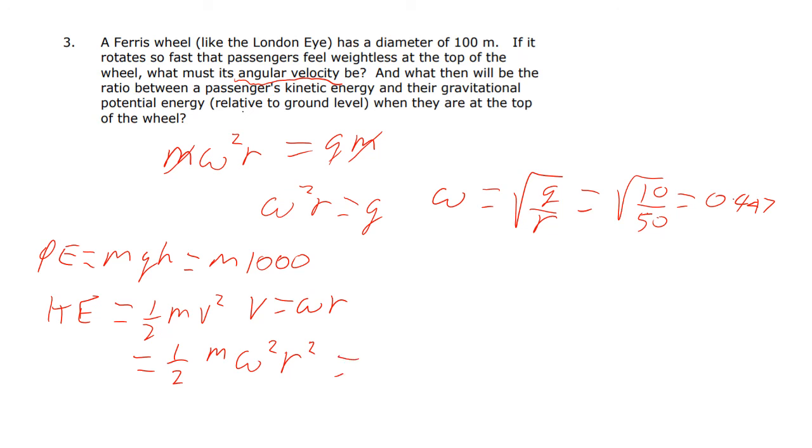So we can plug all these values in, apart from the mass. From before, the square root of 10 over 50 is omega.